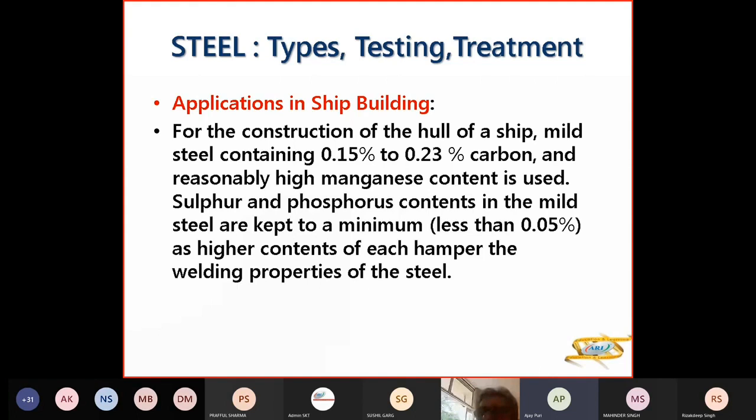It has reasonably high manganese content to make it tough. The sulfur and phosphorus are always kept less than 0.05 because high contents can hamper welding properties and cutting properties of steel.